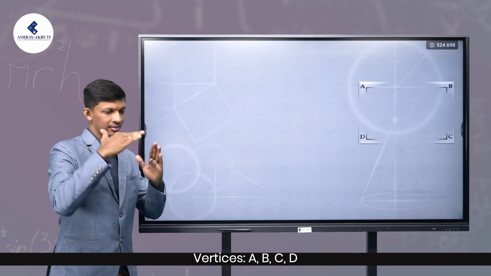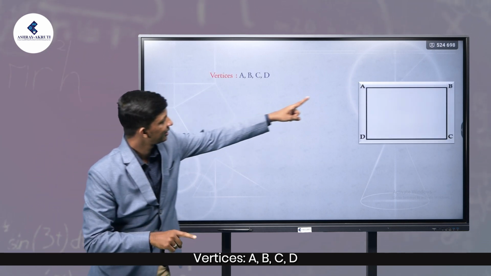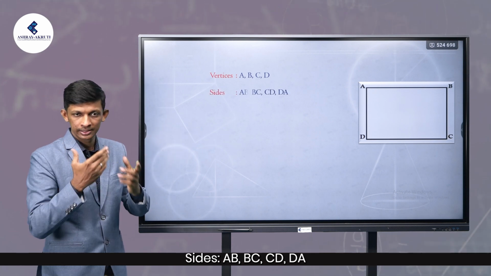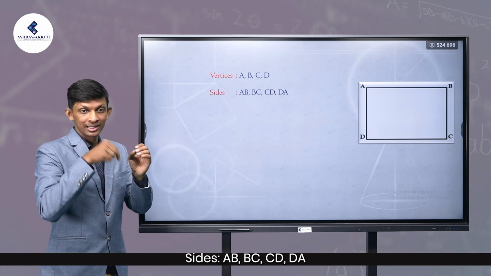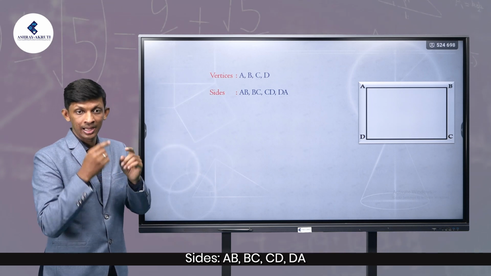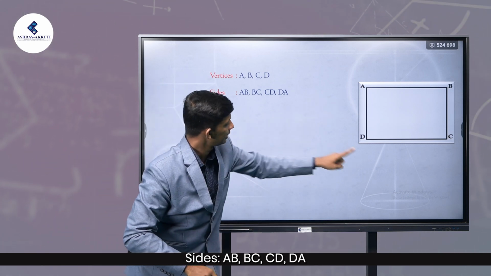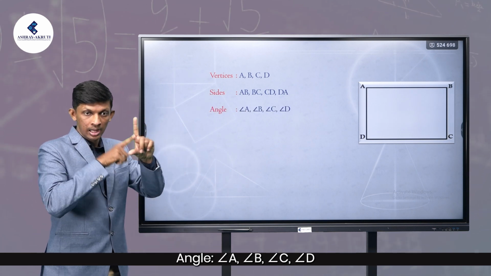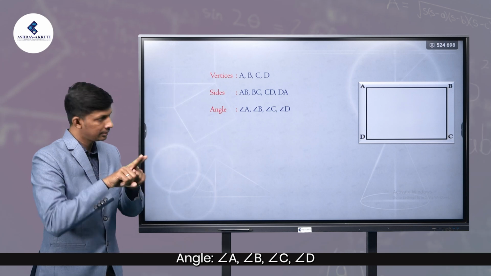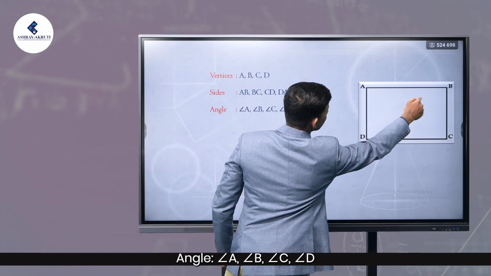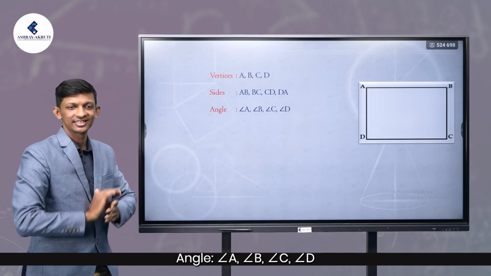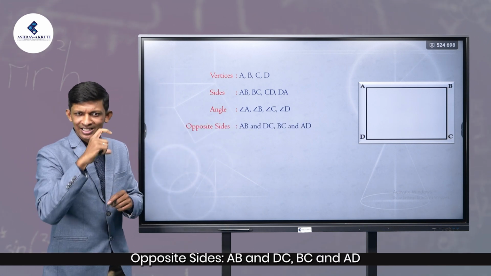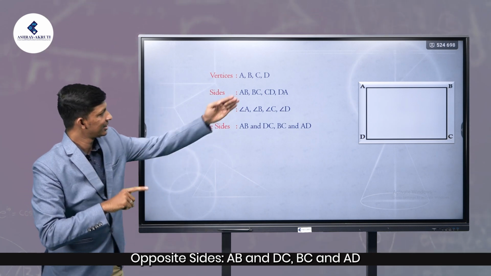Vertices: A, B, C and D. Sides: AB, BC, CD and DA. Angles: angle A, angle B, angle C and angle D. Opposite sides: AB and DC, BC and AD.